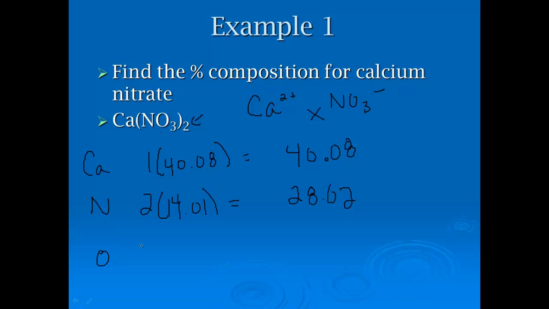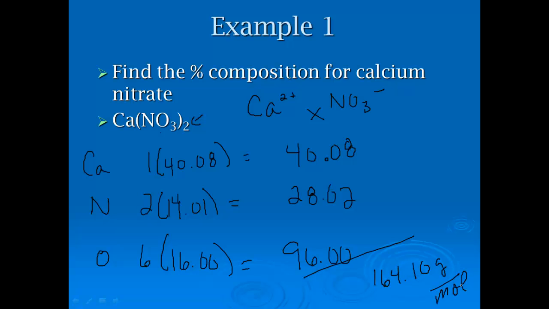And then lastly, you've got oxygen, which is 6 times 16.00, gives you a total of 96 for the contribution of the oxygen. And if we add all of that up, the total compound is going to be 164.10 grams per mole because we're dealing with molar mass.